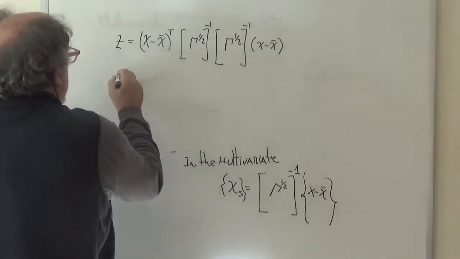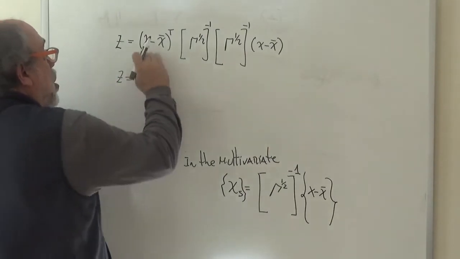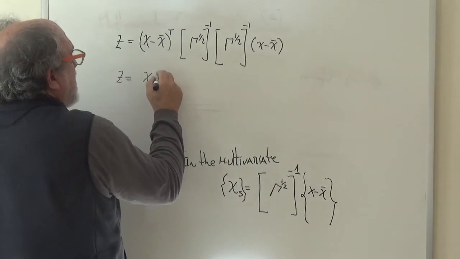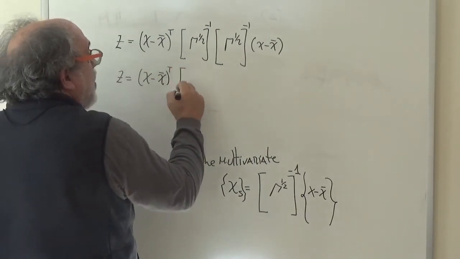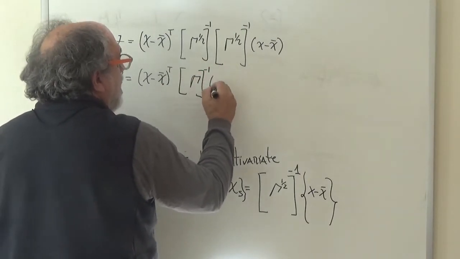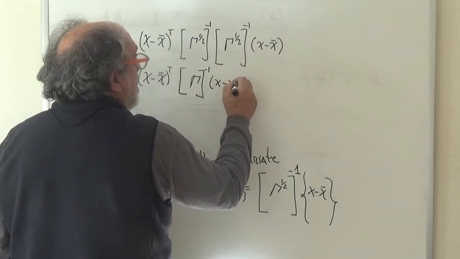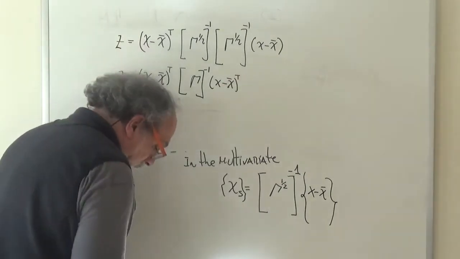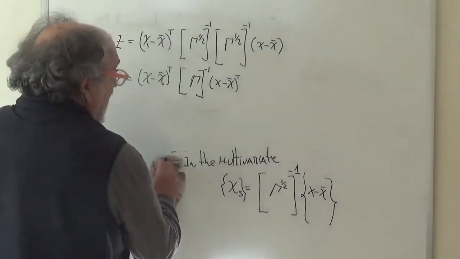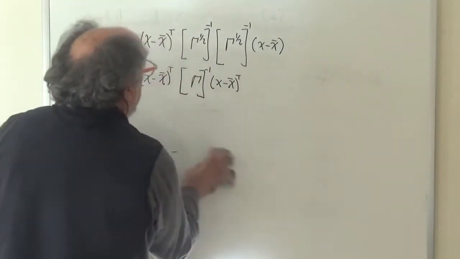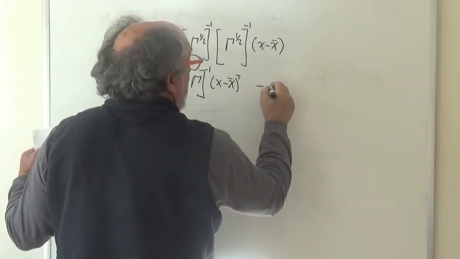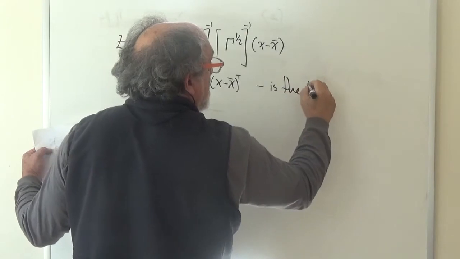Now this z here, it's a number, right? Because this is a vector times a matrix times a vector. So this is x minus x hat transpose, multiplied by sigma to the -1, times x minus x hat. And so we see that the z variable, if we standardize a multidimensional one, is the Mahalanobis distance.